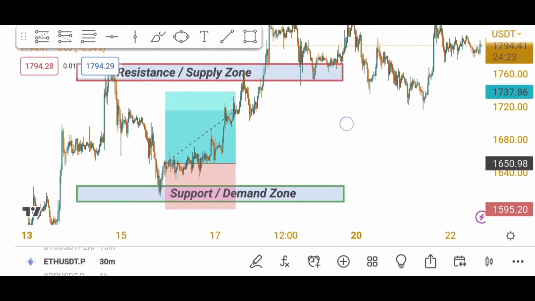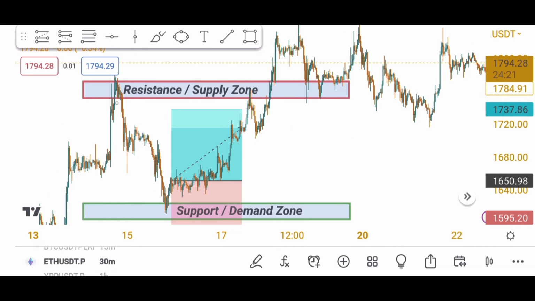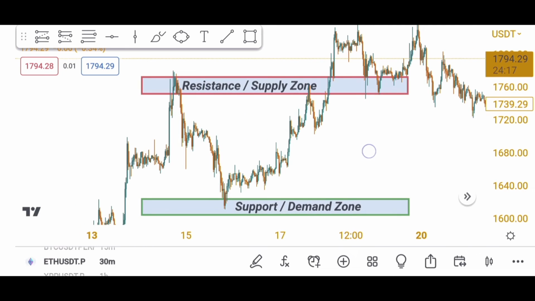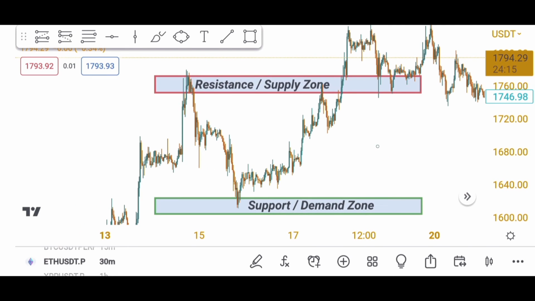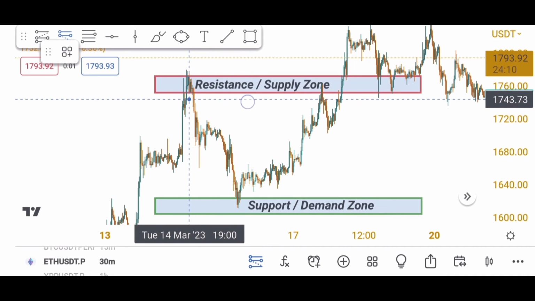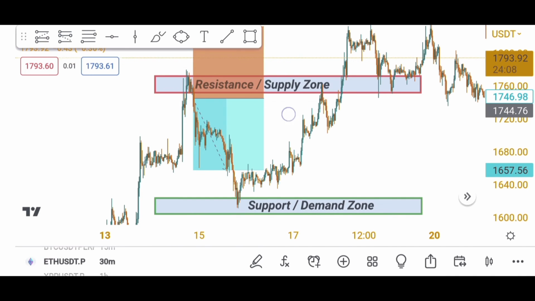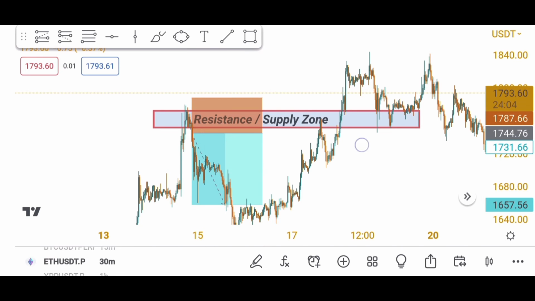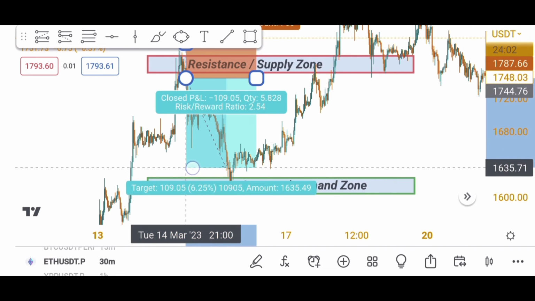Similarly, when the price approaches a resistance level, it can be a good opportunity to go short or sell the asset, as there is likely to be selling pressure at that level that will cause the price to bounce back down. However, if the resistance level is broken, it could indicate a shift in market sentiment and a potential uptrend.